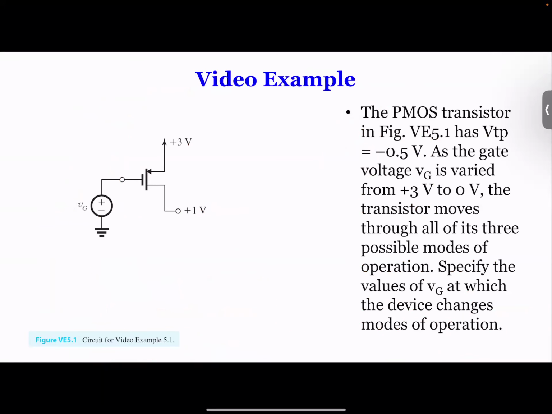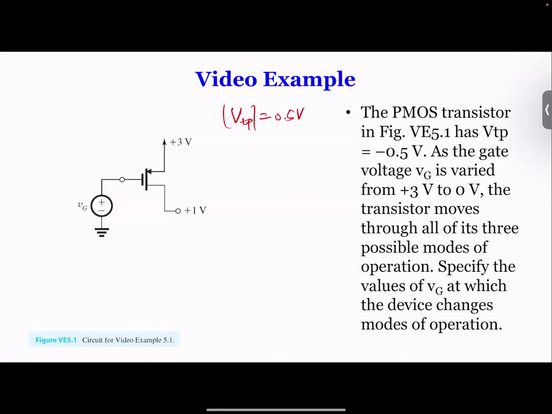So examples here, this is a video example. You guys can watch video in your digital textbook. But what this does is that we are given the transistor, we have VTP given, see here, it gives you minus 0.5. So basically, when you do this problem, just go ahead saying VTP equal to 0.5 volts. So forget about minus sign.